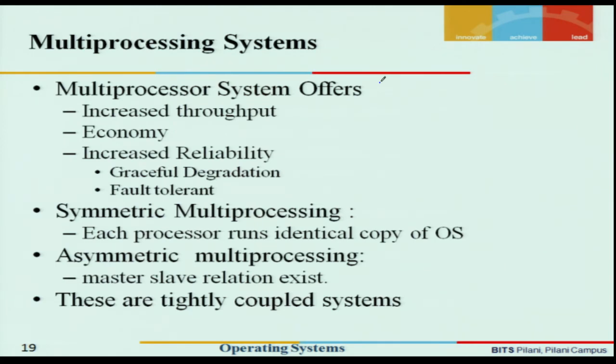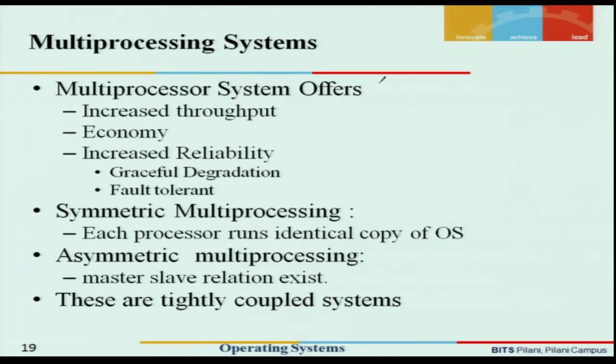As we were saying, when the processor is there, what is the capability of the processor inside the machine? Based on that, multiprocessing systems are categorized either as a symmetric multiprocessing system or an asymmetric multiprocessing system. In case of a symmetric multiprocessing system, each processor is equally capable.